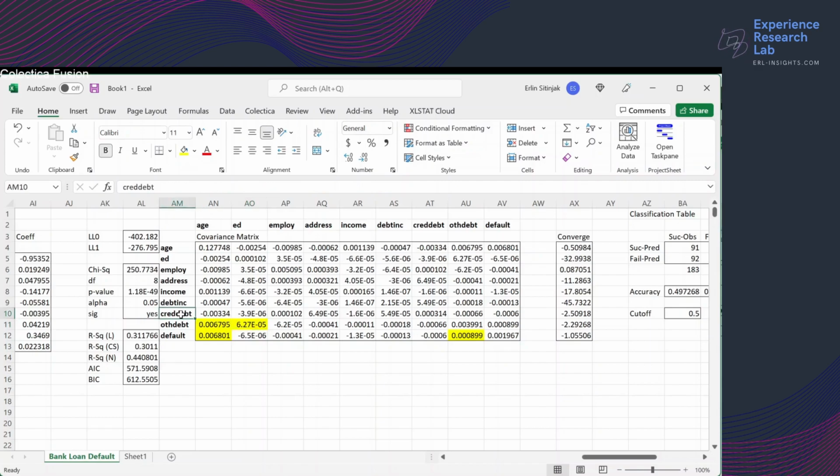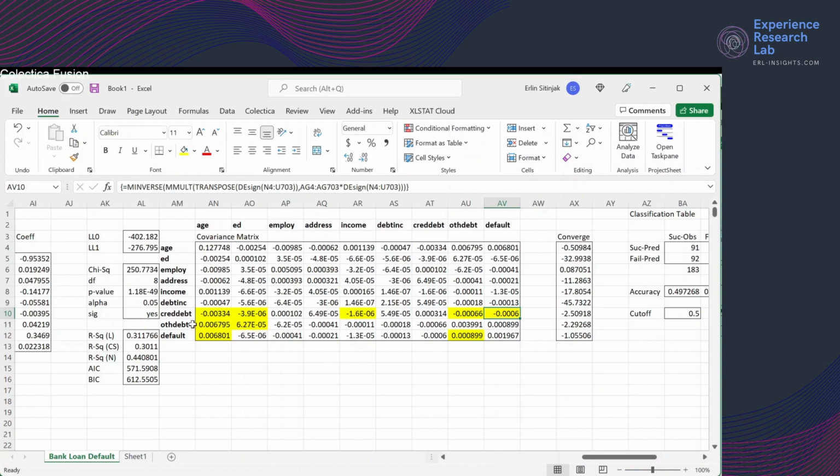Let's take another example to see the negative relationship between variables. Here, credit card debt has negative relationship with age, level of education, household income, and other debts. Obviously, it also has a negative relationship with the likelihood to default on bank loan.